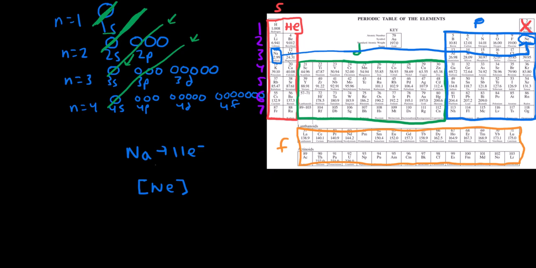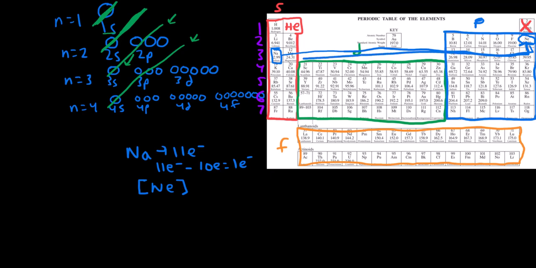Then what we're going to do is we're going to subtract the amount of electrons in Na minus the amount in neon, which is 10, which just equals 1 electron. What we're going to do now is we're going to go down from neon back up to this row.